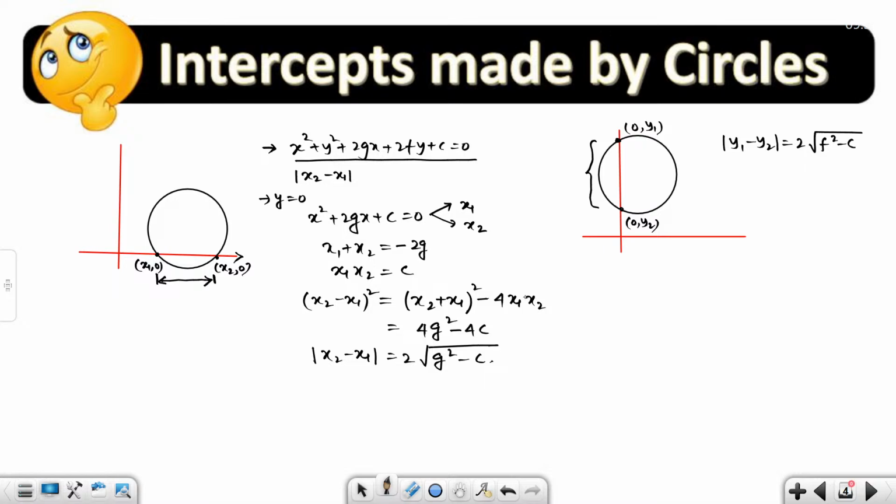How I got it? Doing exactly the same way as I have done here. Here I have solved the x-axis with the curve. In this case, we will solve the y-axis with the curve.